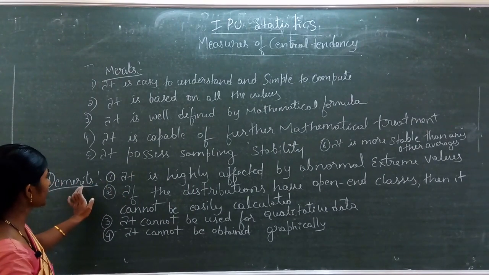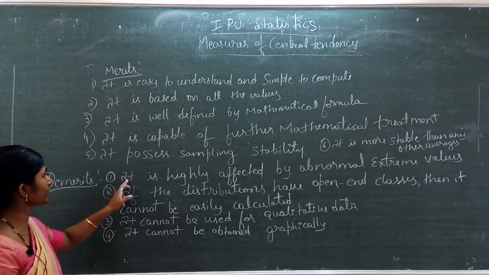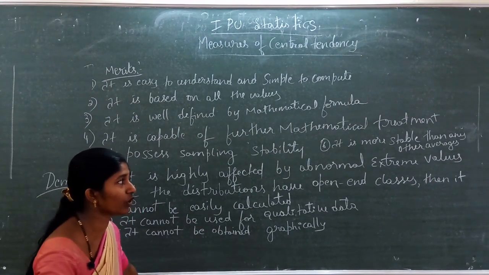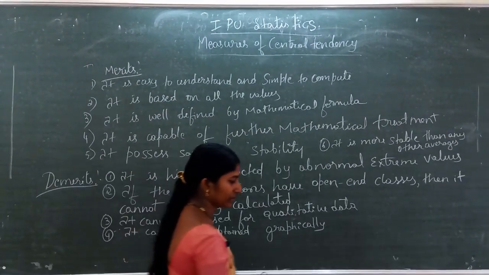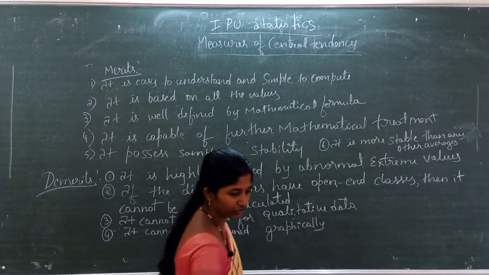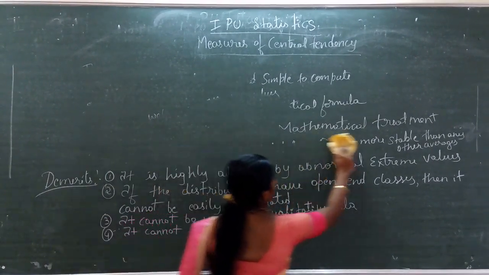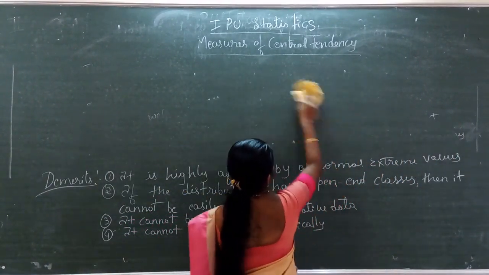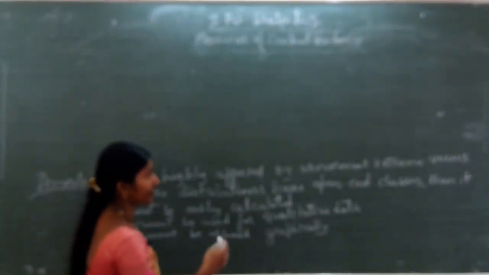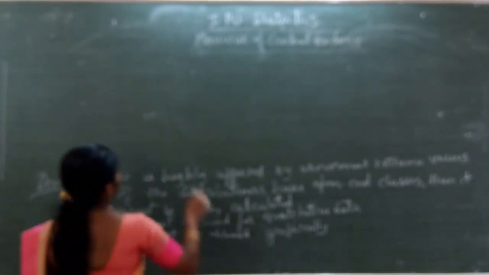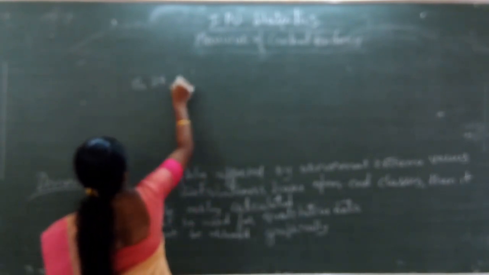Arithmetic mean. Next, demerits. In the demerits, what is the first point? It is highly affected by abnormal extreme values. Highly affected. I will give one example. If there is a large value and a small value, that means it is very small or very large. 18, 20, 1, 17.